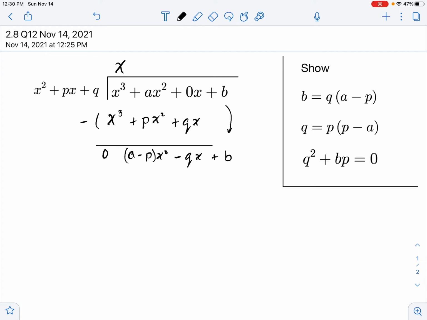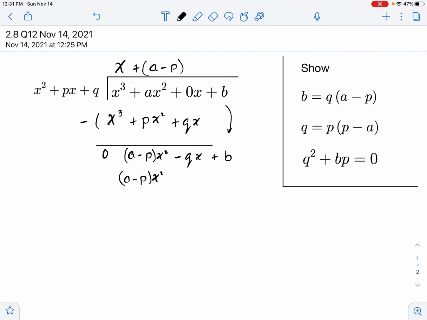All right, we ask ourselves, what do we multiply x squared by to get a minus p x squared? And of course the answer will be the coefficient a minus p. So I'll have here plus a minus p, and I put parentheses around that to remember that it is my entire coefficient on the x squared term. A minus p x squared is a minus p x squared.